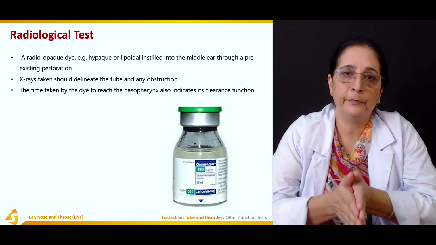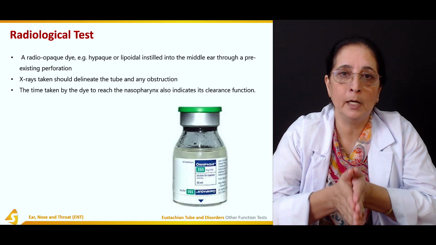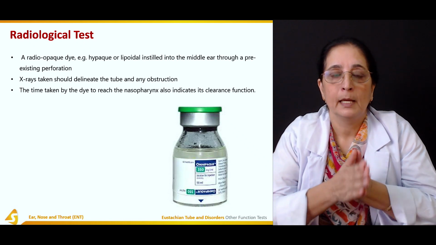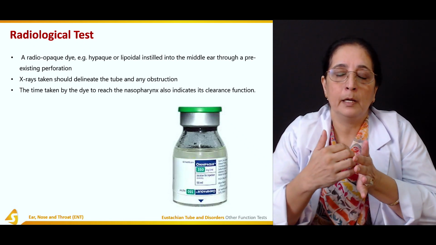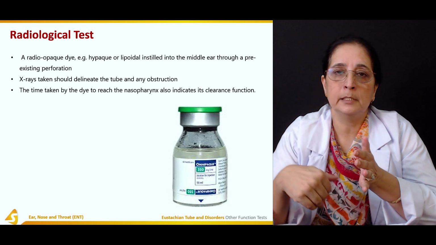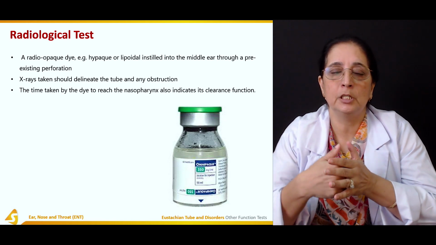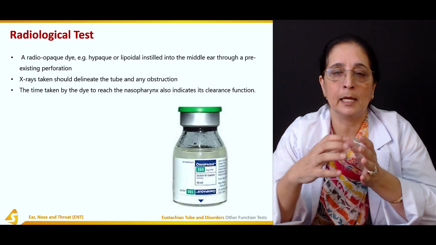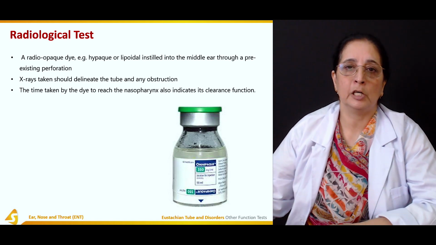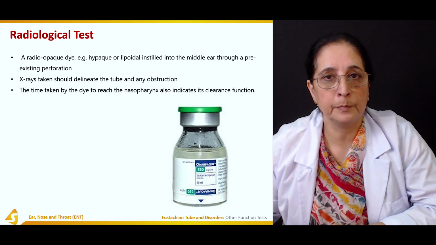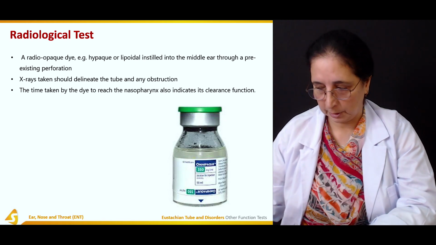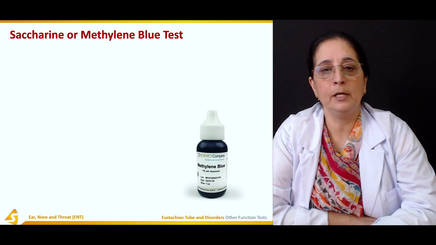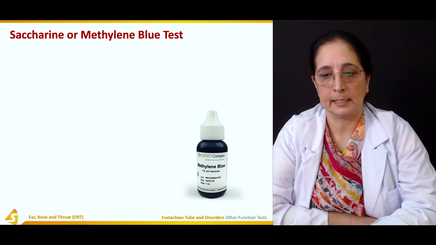But if it's perforated, or if there is a hole in the tympanic membrane, a dye is inserted, and then that dye can go through the Eustachian tube into the nasopharynx. So from the time taken by the dye, or any obstruction, we can assess the tube through this radiological test.